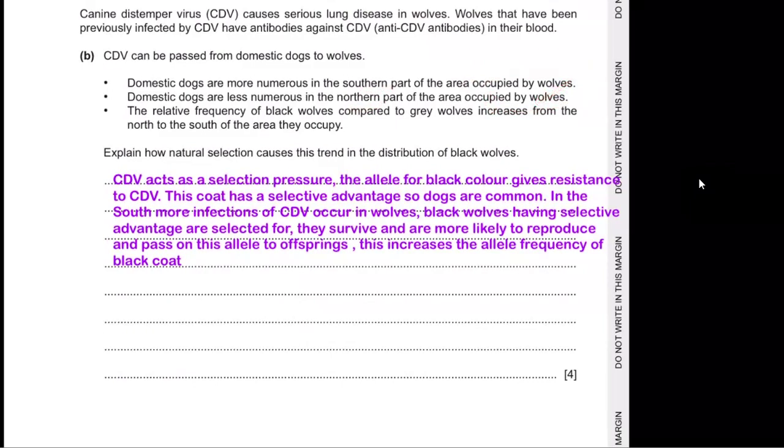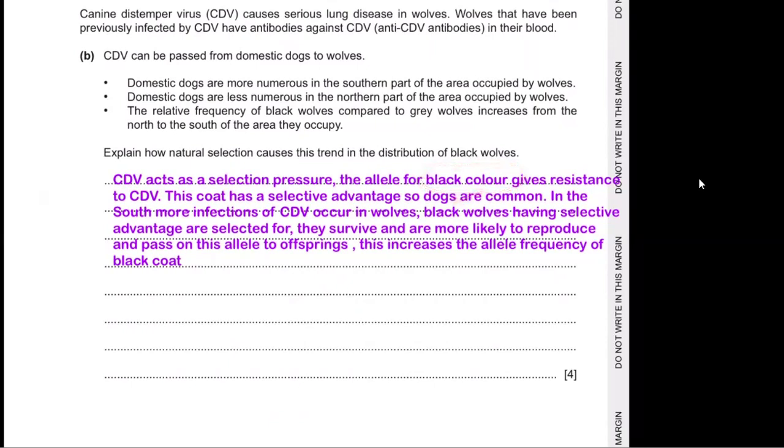They are saying why? So explain how natural selection caused the trend of distribution of black wolves. So here, the selection pressure is the infection. The pathogen is the selection pressure. The CDV acts as a selection pressure, and the allele for black color gives the selective advantage, resistance against CDV. So this allele gives a selective advantage. So dogs are common there.